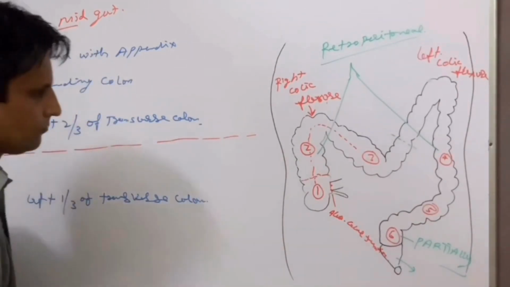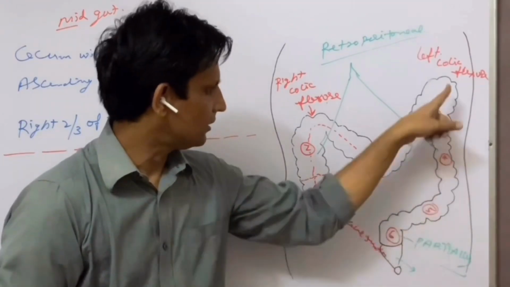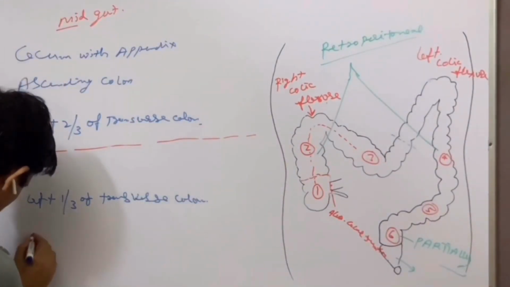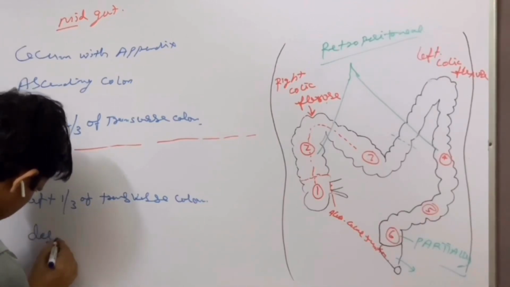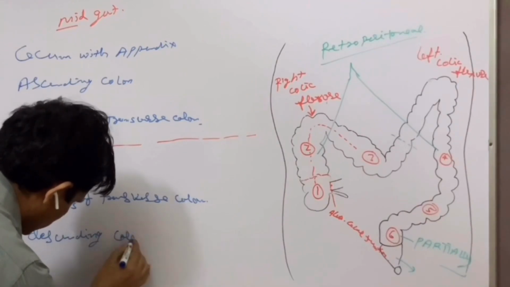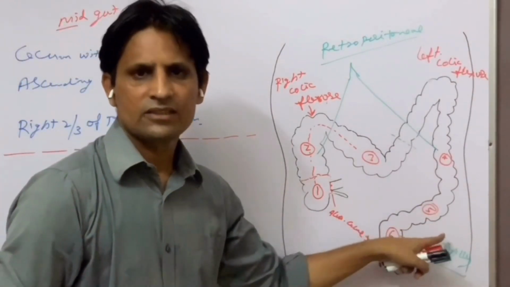The next part is the descending colon, and below the descending colon is the sigmoid colon.